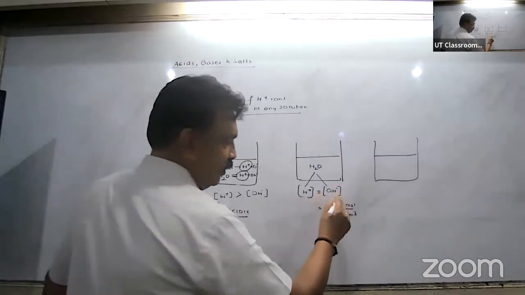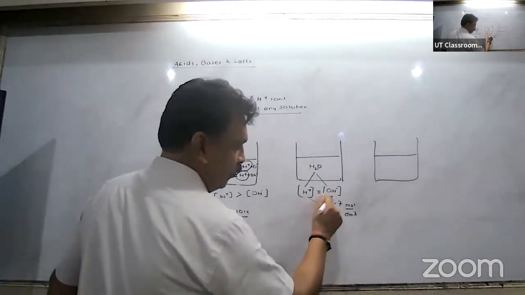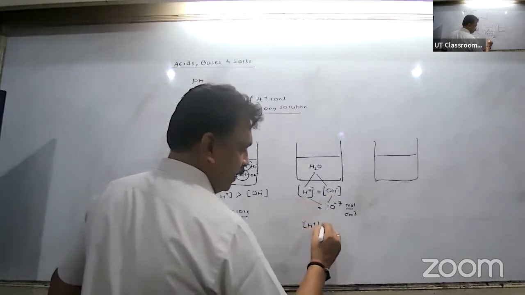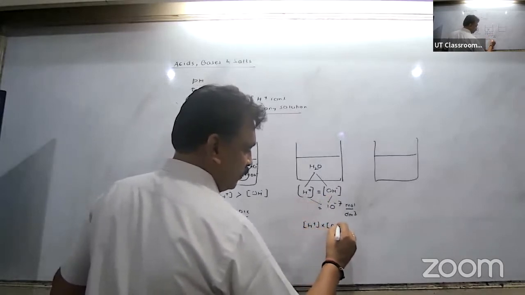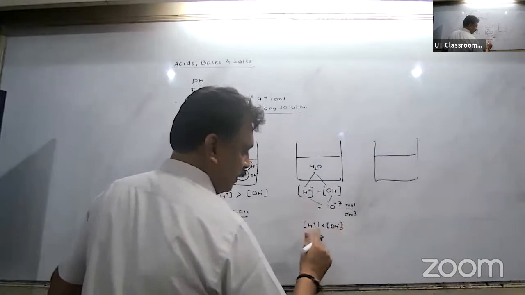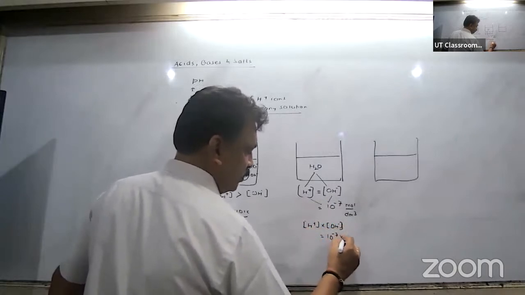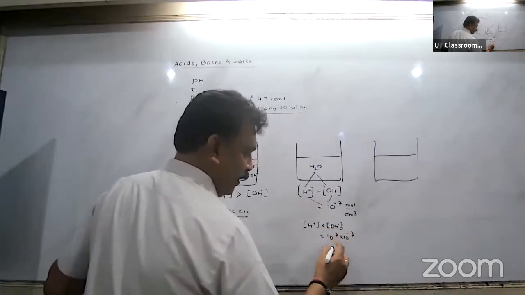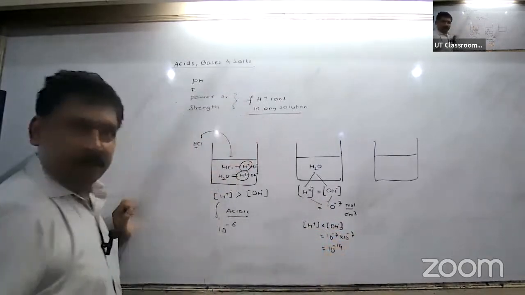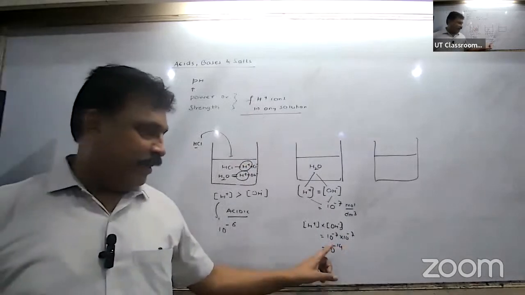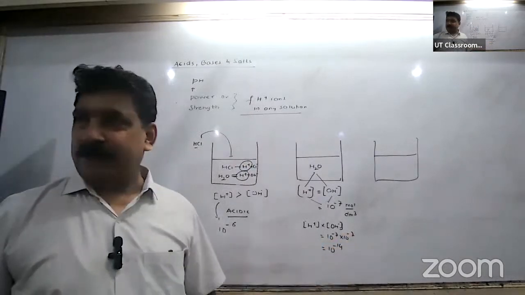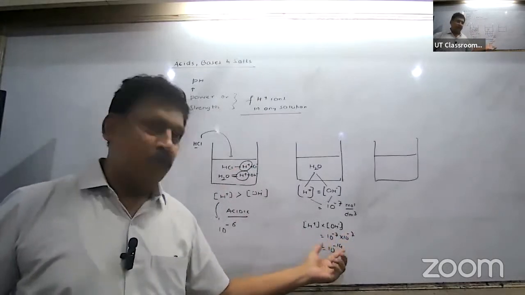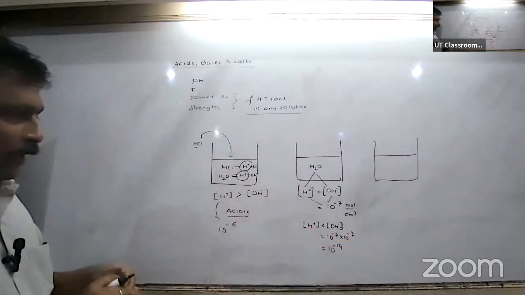If H plus is 10 raised to minus 7 then OH minus is also the same. If we take the product of H plus ions and OH minus ions, it will be 10 raised to minus 7 into 10 raised to minus 7. How much is it? By the law of indices, A raised to M into A raised to N, the bases are the same, so we add the powers: 10 raised to minus 14.